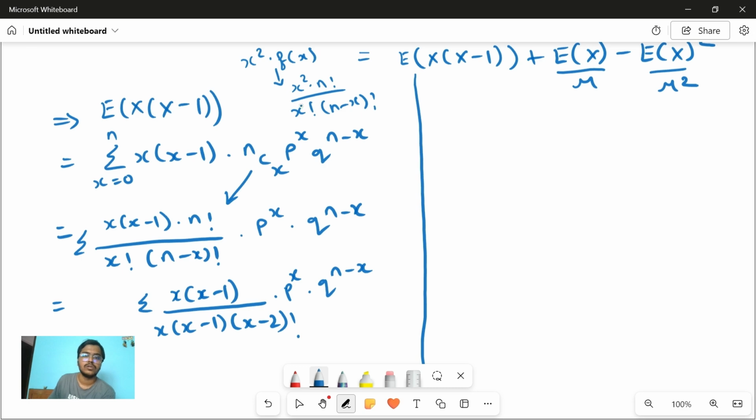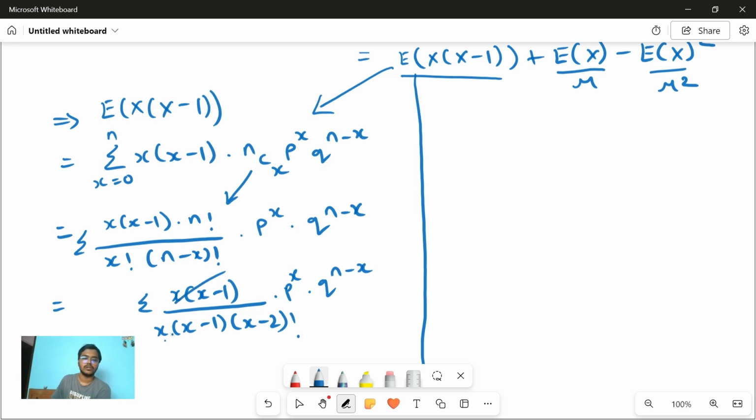But how will you cancel this? How will you remove this x factorial here? If you do X as X into X minus 1 into X minus 2, it will only cancel one X. What about the X minus 1? That is why I did this previous one and used that to calculate this one. Understood? So now you can easily cancel X into X minus 1.